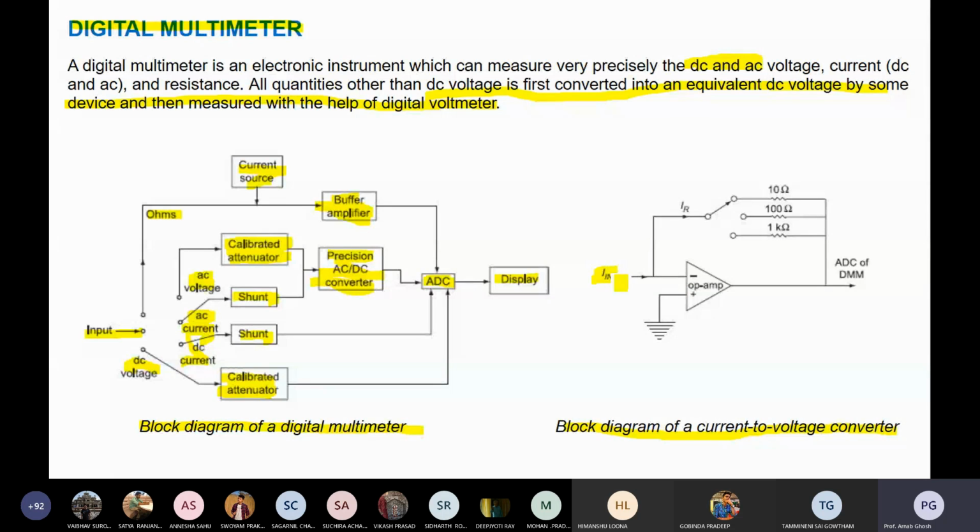Now you have to find out which resistance path you are choosing. That is important, so you have to know that amount of current. If that resistance is low, it means the current is able to pass through this path. If that value is low, it can carry high current.